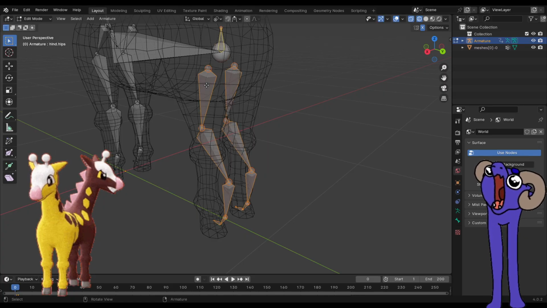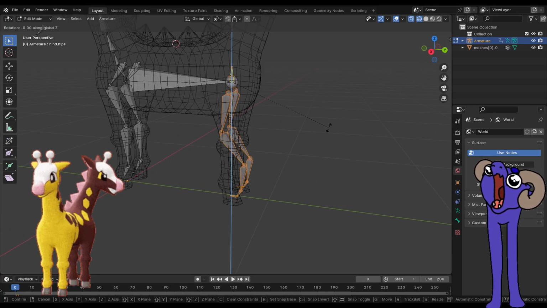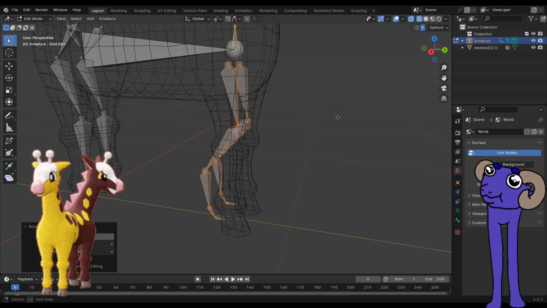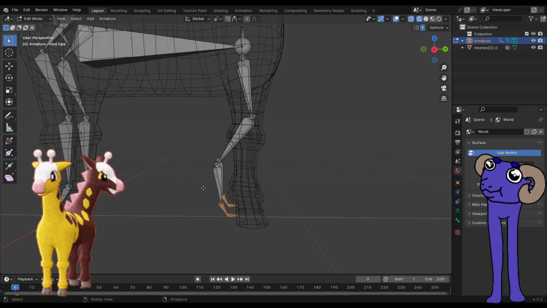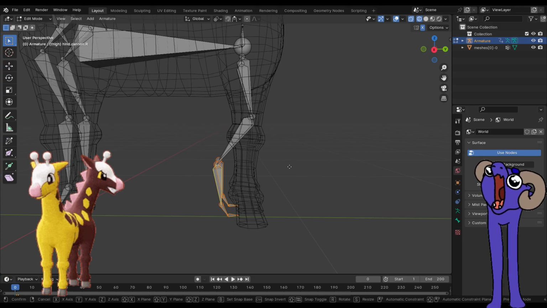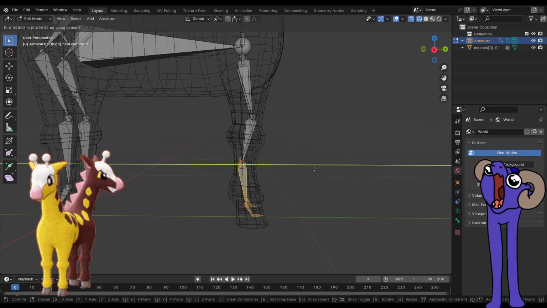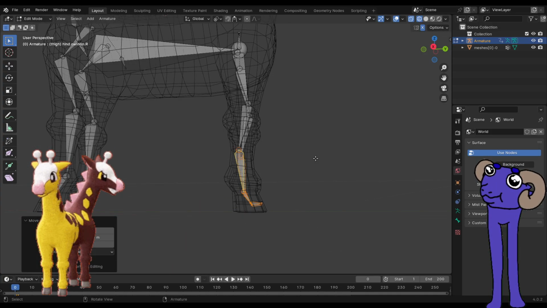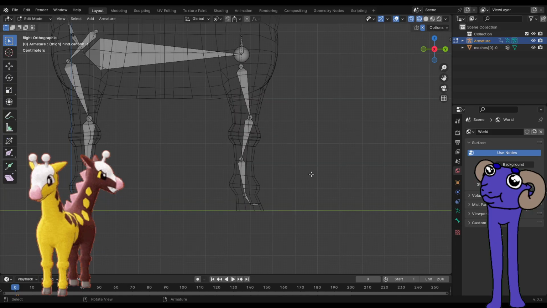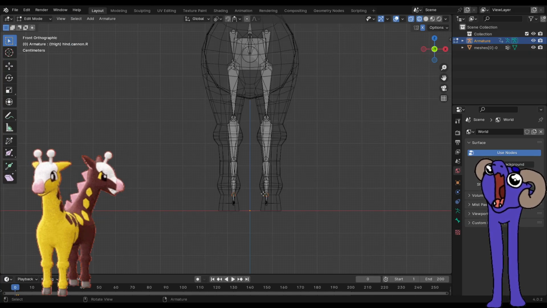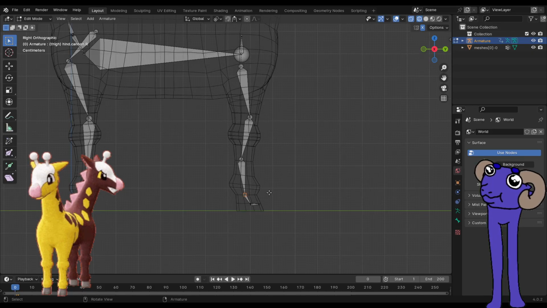So I think if I were to grab this and then rotate along the z-axis 180 degrees, then just grab these and move them along the y-axis a little bit. And then similarly, I selected both of them. These need to probably be up higher.